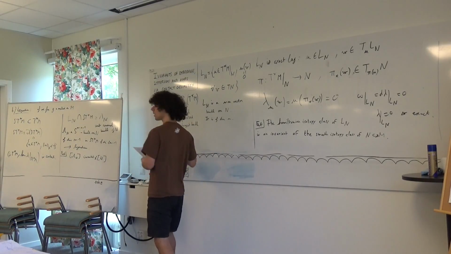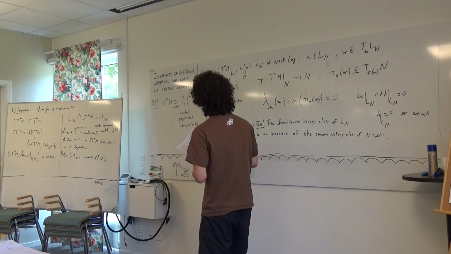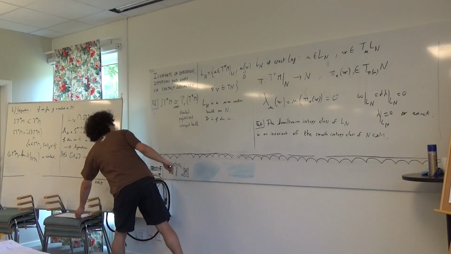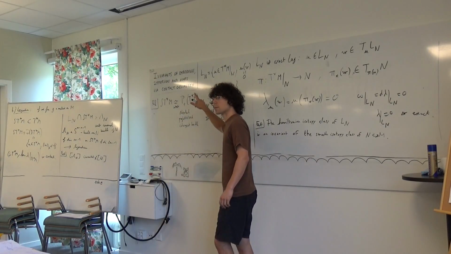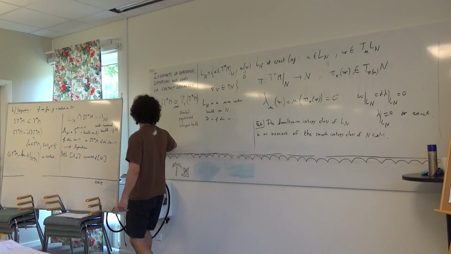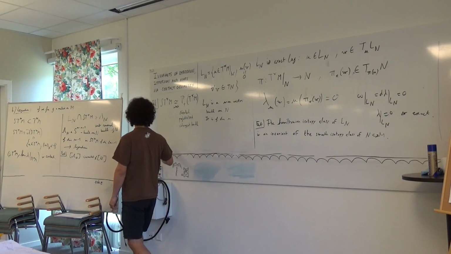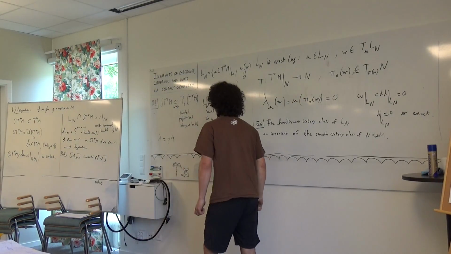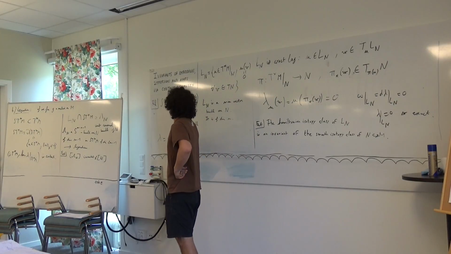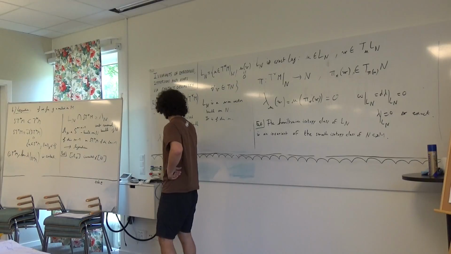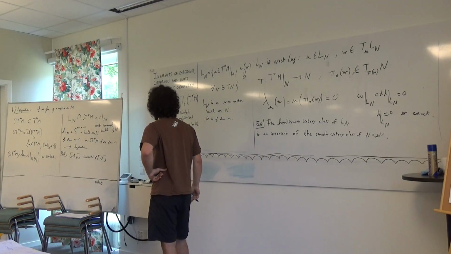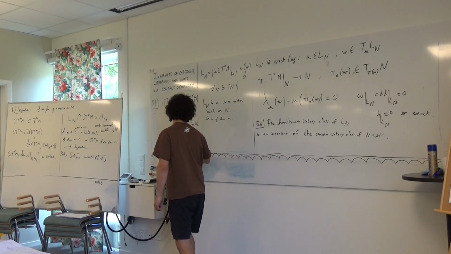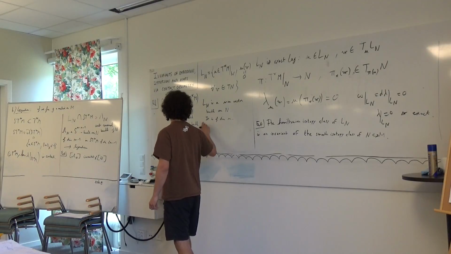How do we define a contact form on the oriented projectivized cotangent bundle? This is a quotient of T*M, and you can check that the Liouville canonical form, which is p dq, is proportional on a line of covectors.